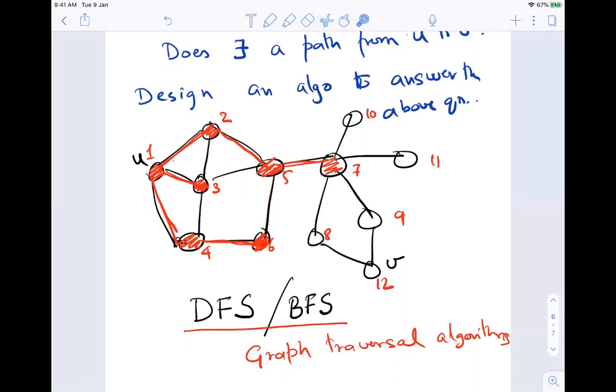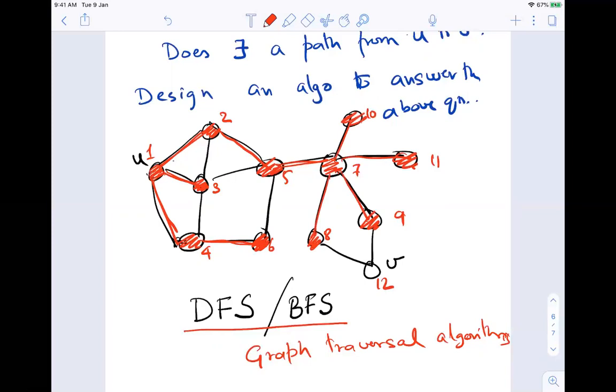The next one is 7. 7 says 5 is marked, fine, so nothing to be done. But it has 8, 9, 10, and 11, that are not marked. All of them will be marked accordingly.